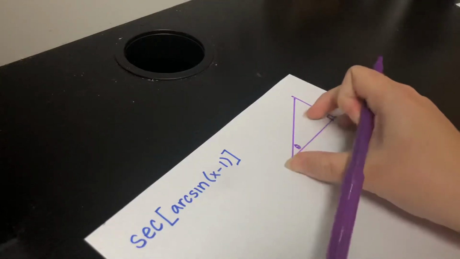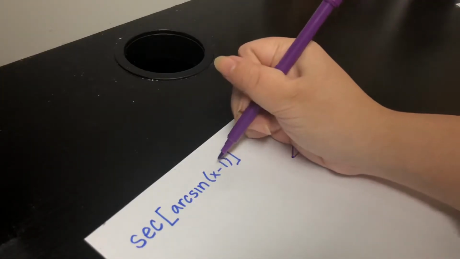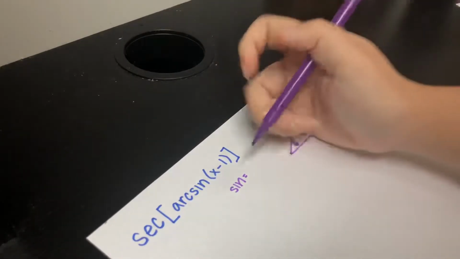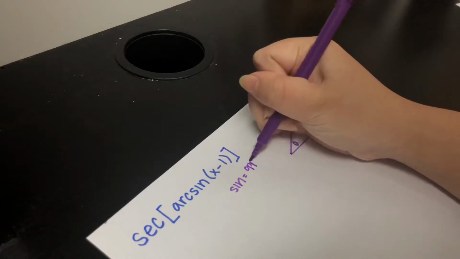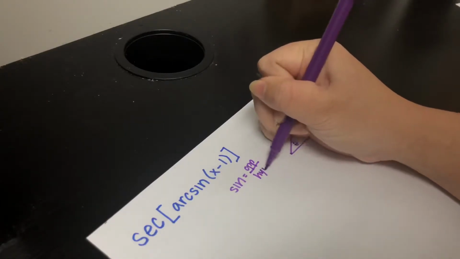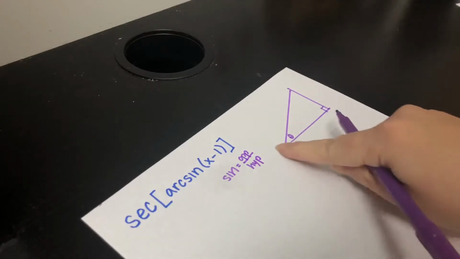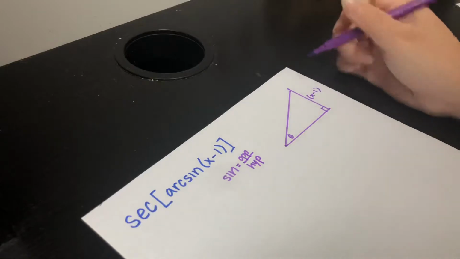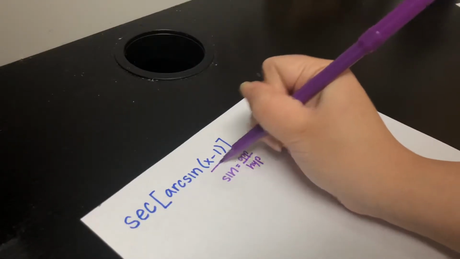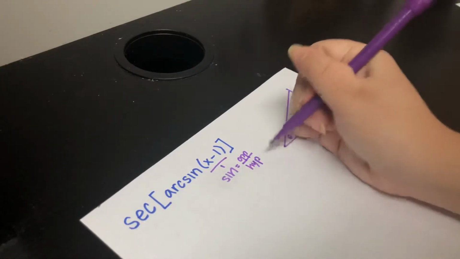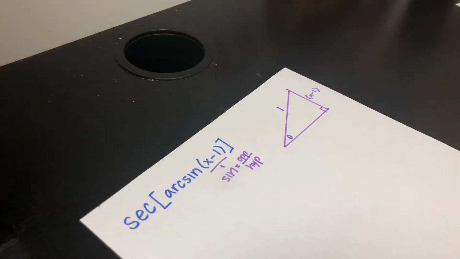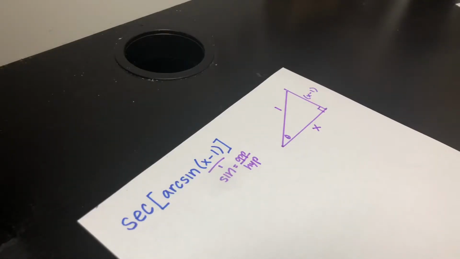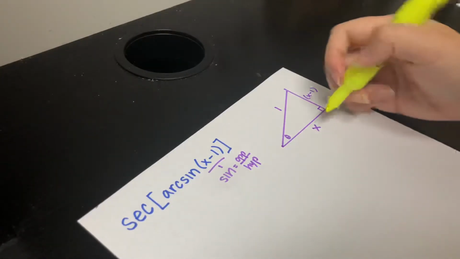What we're going to look for is the sine, which is equal to opposite over hypotenuse, meaning that the opposite of theta would be x minus 1, and then the hypotenuse, which you don't see, is 1. And then what we're trying to find would have to be this side right here. Well, we're not trying to find it, but you know.